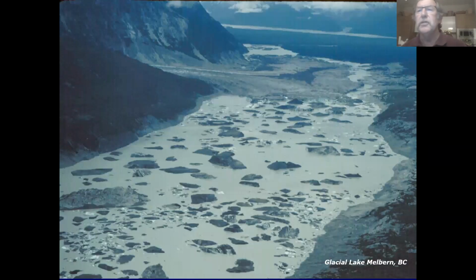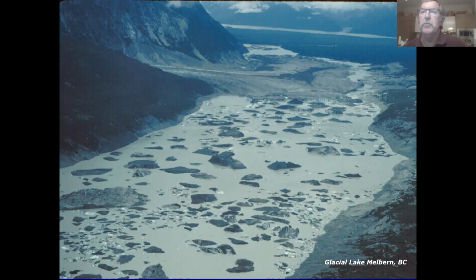A good example, again, an analog situation would be up in the Alaska Panhandle area. This is actually from British Columbia, but very close to the Alaska boundary, where a very, very large glacial lake, now almost 30 kilometers long, has formed during the current warming period since the early 1900s.